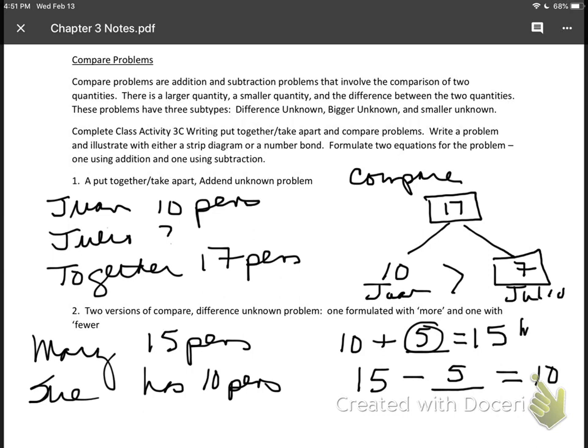So one was a more, and one was a less. So we're comparing the numbers. So again, Mary's pen number is greater than Sue's, or Sue is less than Mary, and the difference in either case is 5.